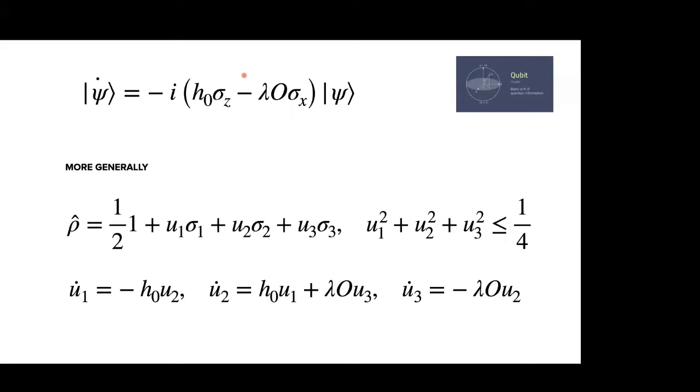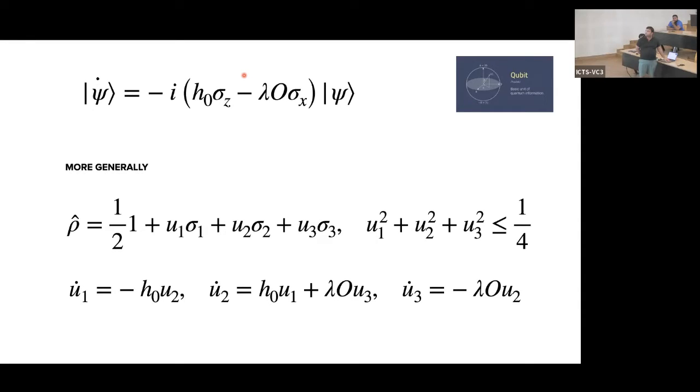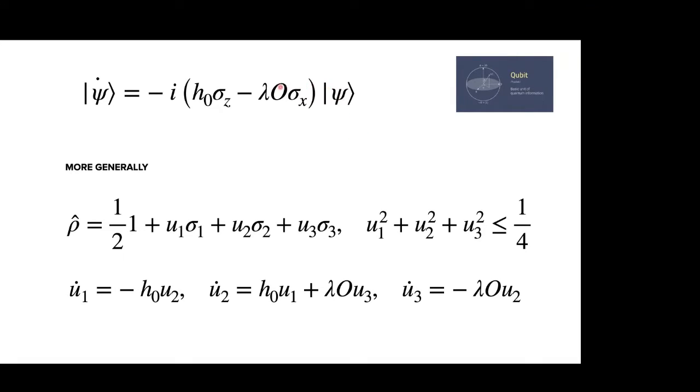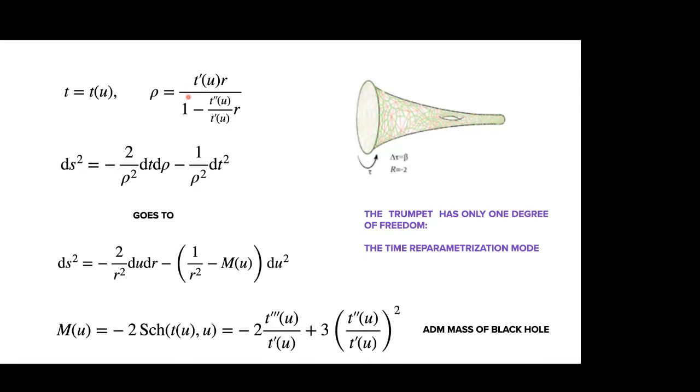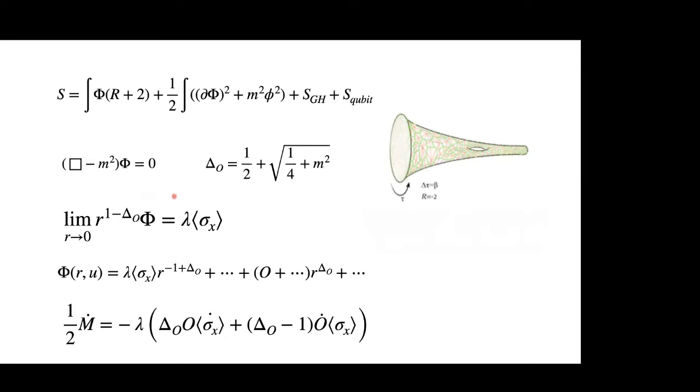I'm not sure where I can see the expectation value. So here is the expectation value. The sigma x expectation value is something which sources the bulk system, right? That I already wrote in this equation. Here, yeah. As you can see, this lambda sigma x is the boundary value of the bulk field.